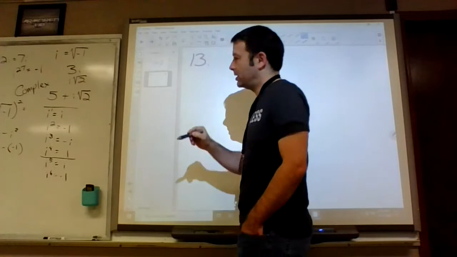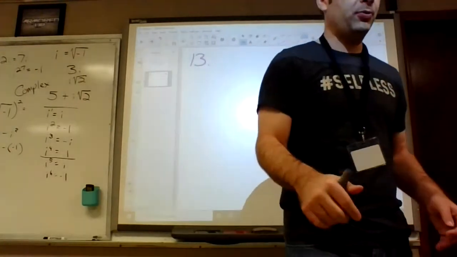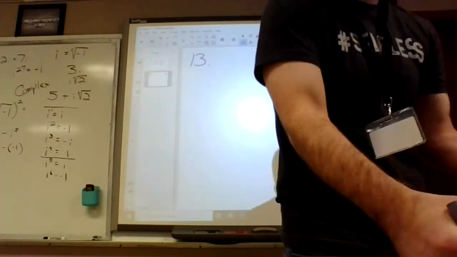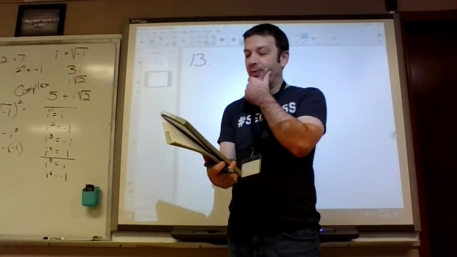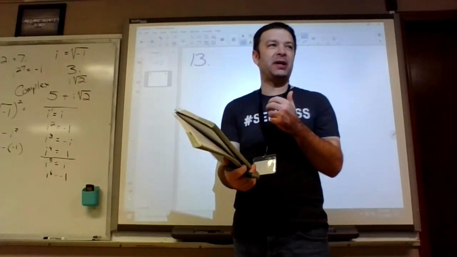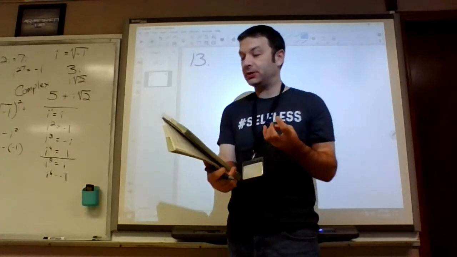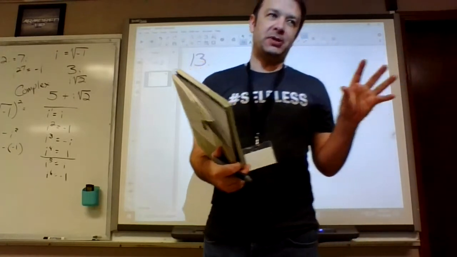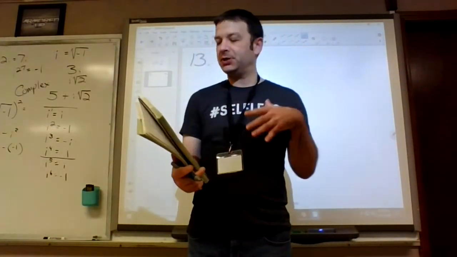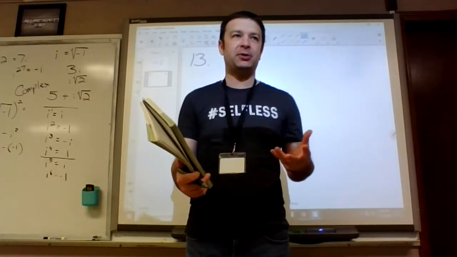So you guys remember earlier how I said the i works just like a variable in normal situations? When we're adding those two parentheses together, we just add the like terms. You don't really need the parentheses because you're just adding 3 and adding a minus 2i.